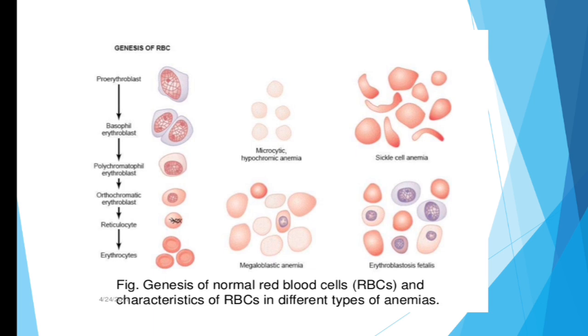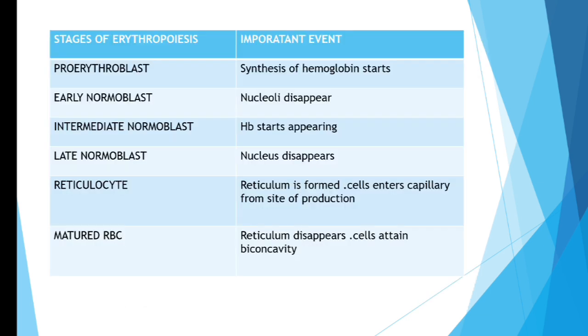The different anemias include microcytic hypochromic anemia, sickle cell anemia, megaloblastic anemia, and erythroblastosis fetalis, which is a condition that usually occurs in the second child of a female having negative blood, if precautions are not taken during the first delivery.